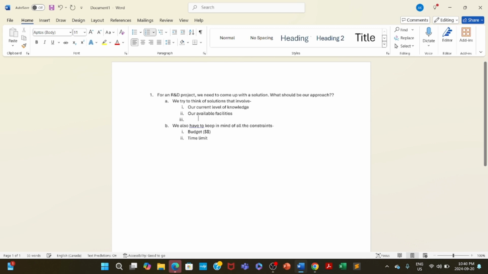Probably collaboration scopes, and we also have to keep in mind all the constraints that are budget and time limit, right?